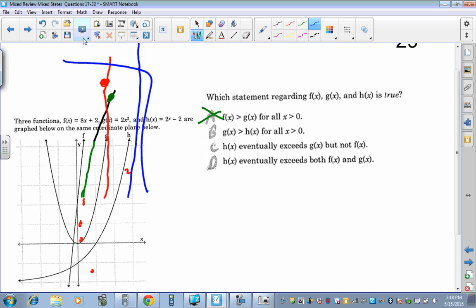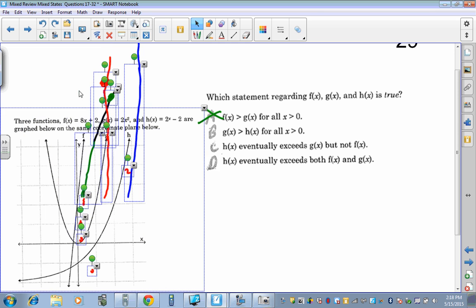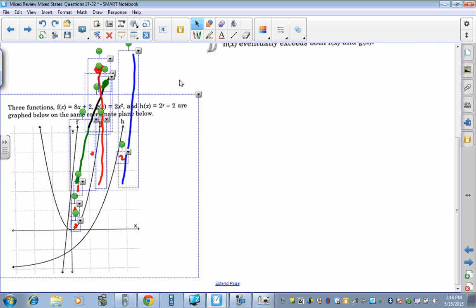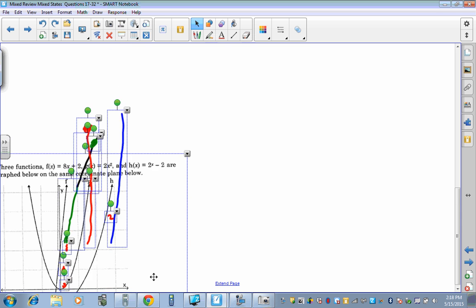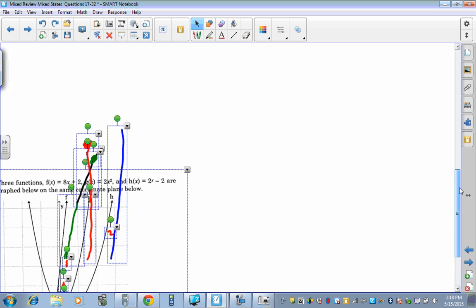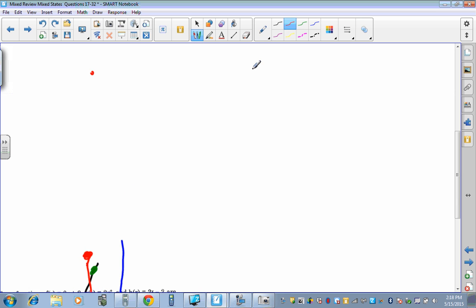And so that y value will be higher. So eventually, if you keep on going, yes, this parabola will keep on doing this, but then the exponential will go higher.